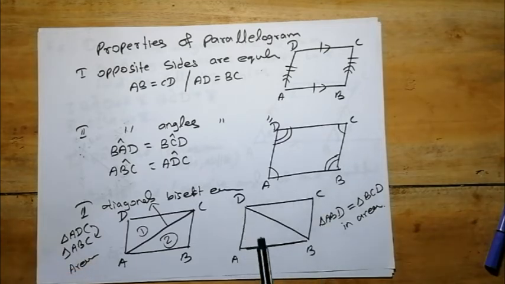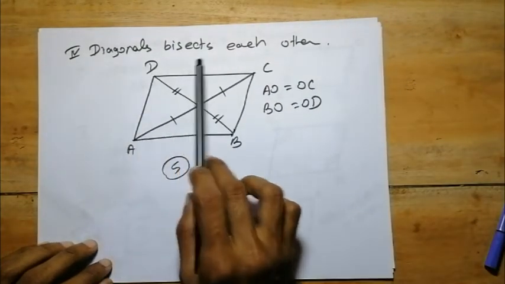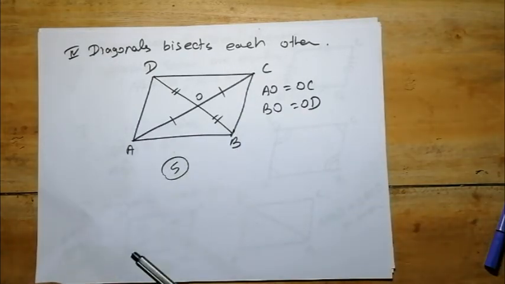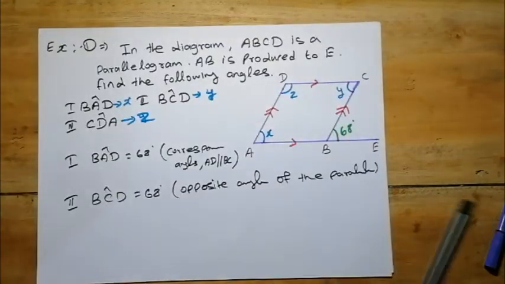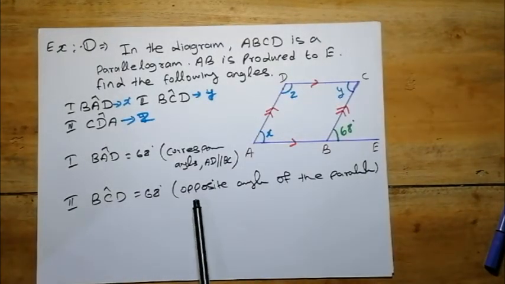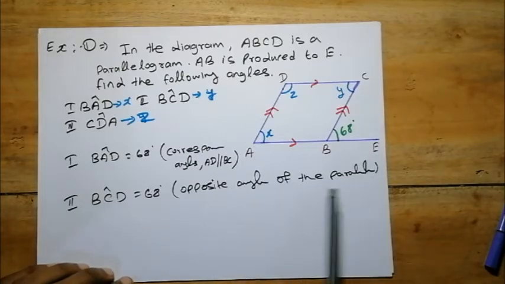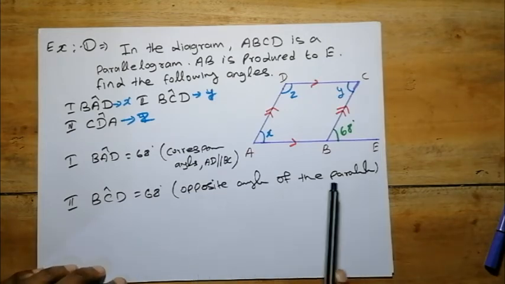The fourth one: diagonals of the parallelogram bisect each other. Those are the individual theorems we studied. So one of the theorems we studied is that opposite angles of the parallelogram are equal. We need to write the theorem in full form with the correct wording.